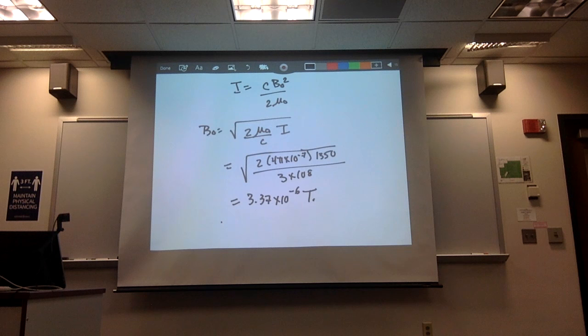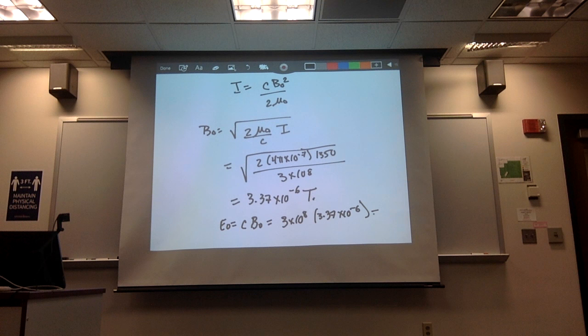So it's 3 times 10 to the 8th meters per second times 3.37 times 10 to the minus 6 Tesla, which works out to be 1.01 times 10 to the 3rd volts per meter.